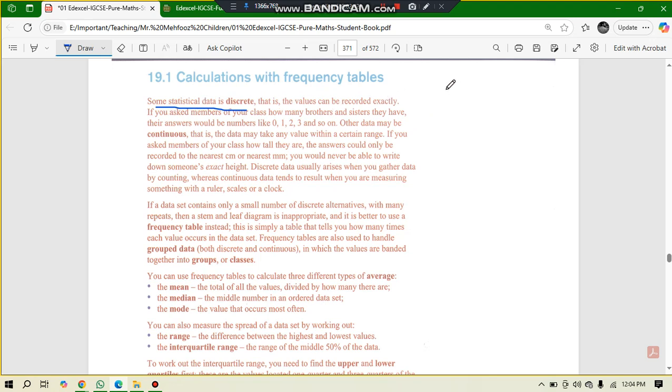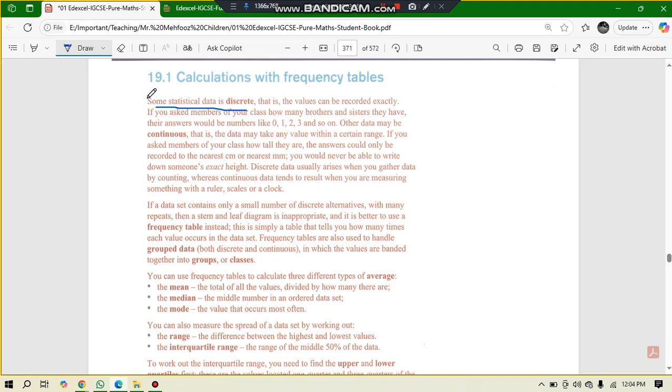For example, 1, 2, 3, 4, 5, all whole numbers show that this is discrete data. If you say that in a room there are 12 men and 13 women, it means that this is discrete data.